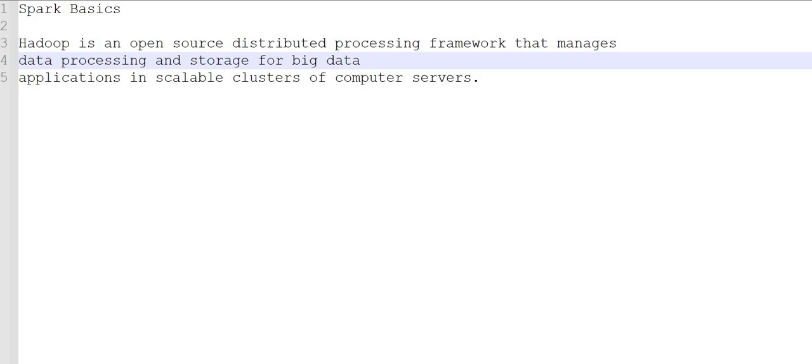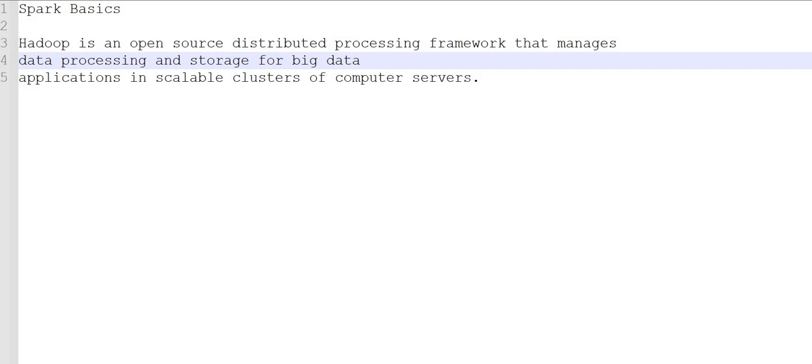For processing big data we need Hadoop. I mean to say Hadoop is a framework that helps us manage data processing and storage for big data applications.